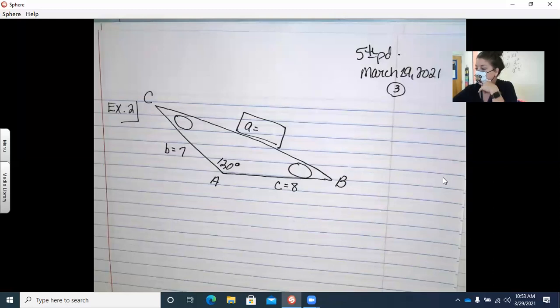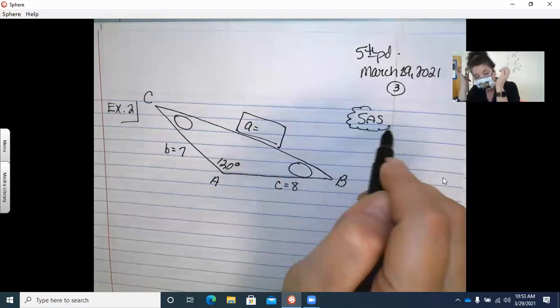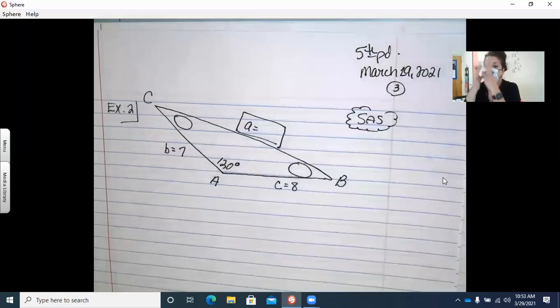Do we have enough information to be able to use law of sines? No. Side angle side, we start with law of cosines. And since I know angle A, I'm going to use the law of cosines to find side A. So we use the one where A is by itself. Same one that we used last time. If we knew angle B, we would start with the one where B is by itself. If we knew angle C, we would start with the one where C is by itself.